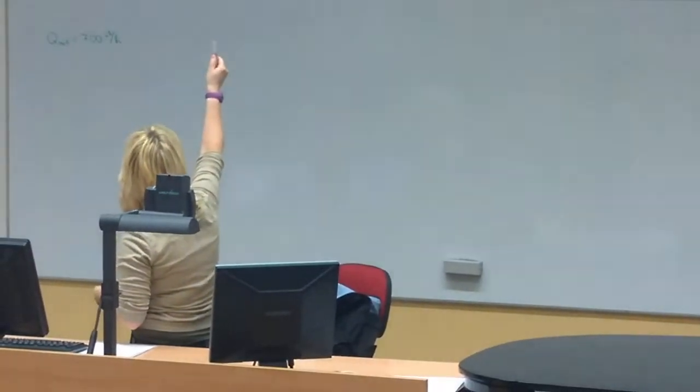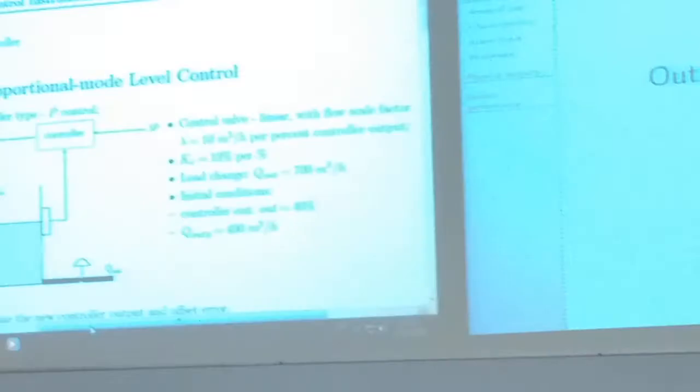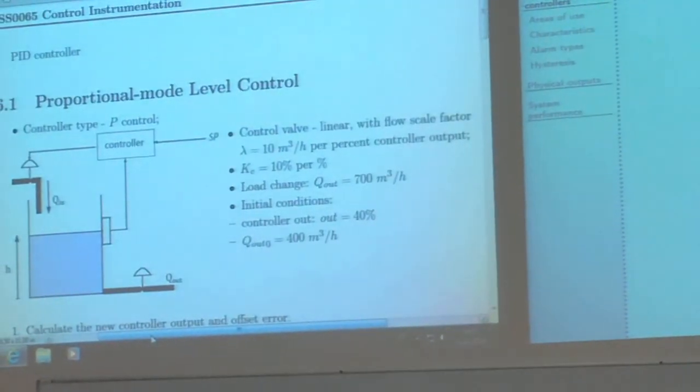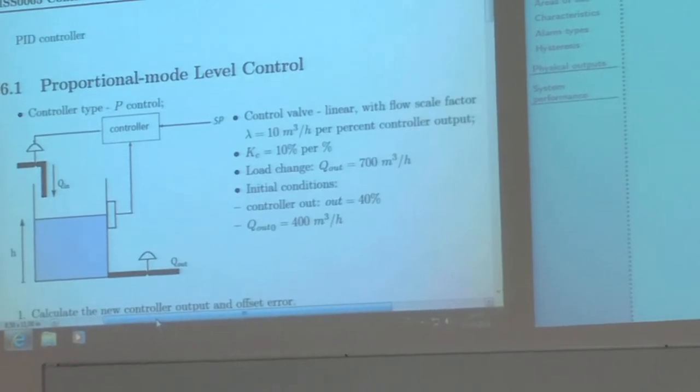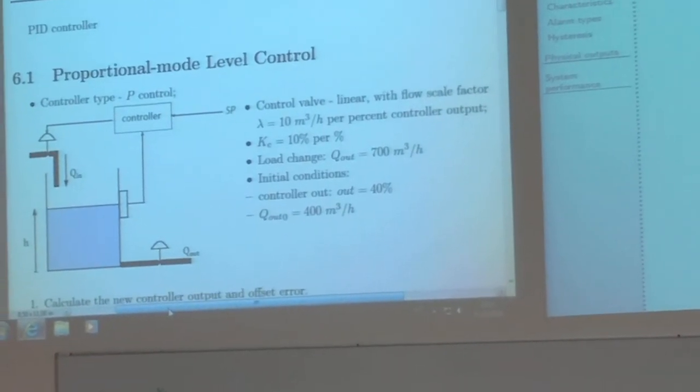So how can we obtain such a situation? We know this scale factor, and we somehow should know the gain of the controller.